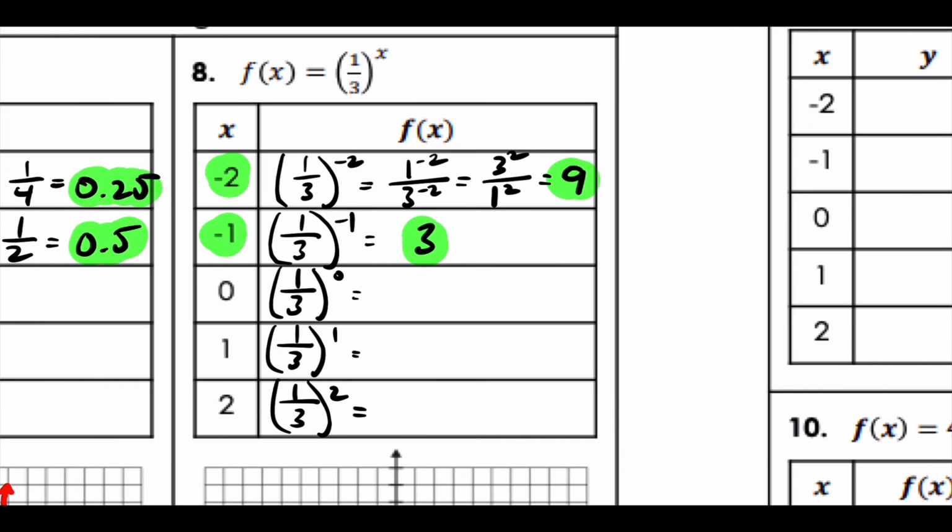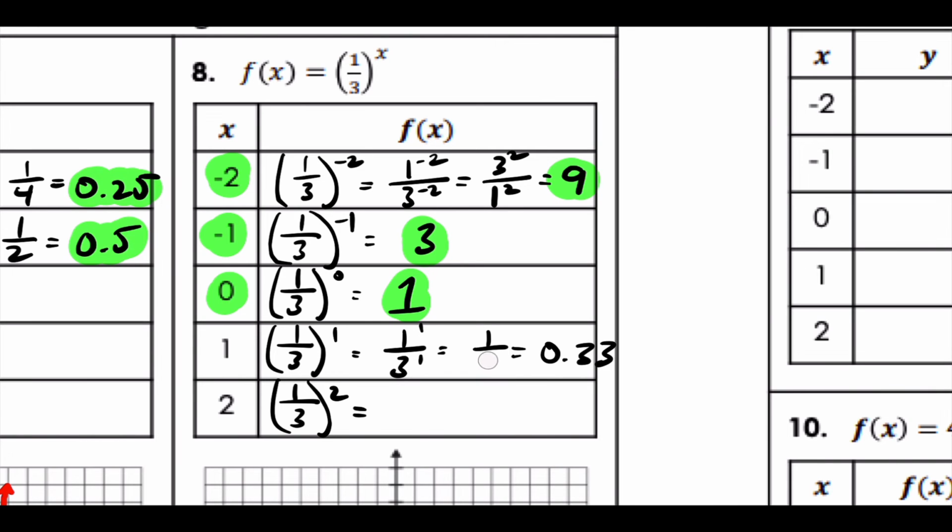The next one, I could distribute the 0, but anything to the 0 power is what? 1. So you could distribute it, but you would just get 1/1, which is still 1. Anything to the first power is what? Itself. Yeah, 1 to the first over 3 to the first, which is just itself, which is the same thing as 0.33.